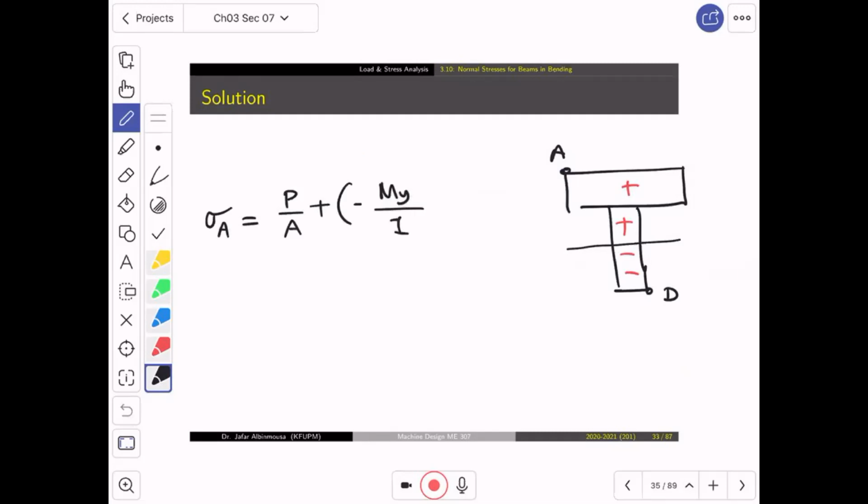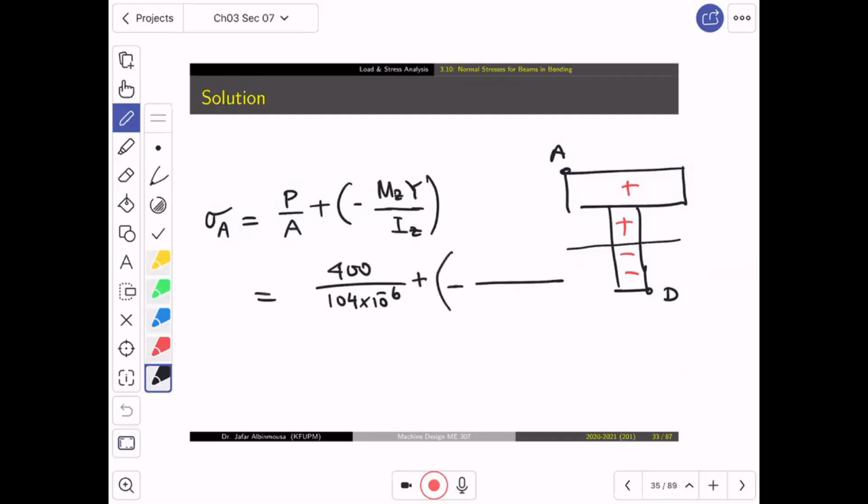Now, what will happen? To write the equation in a complete way, this is Mz y divided by Iz. So this is going to be equal to 400 as a force divided by the area, which is 104. This area, we found it from the table in the beginning. Plus, there is a minus sign.